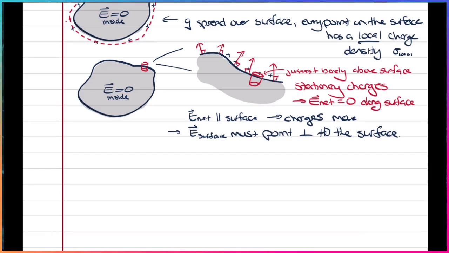Okay, that's good. That's one thing. That's another thing we've learned. Now we can use Gauss's law again, but use it for this whole thing. If the electric field points away from the surface, that means the sides aren't going to contribute any flux because the electric field does not go through them.